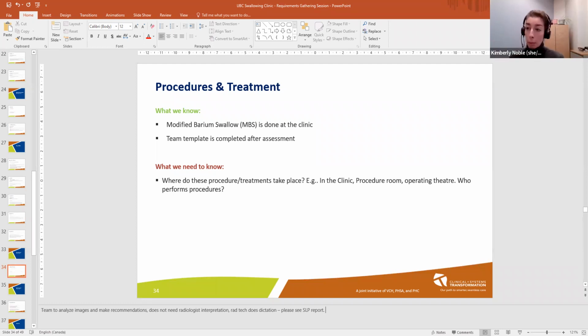So a lot of people have the misunderstanding that the radiologist is the one that actually provides the outcome and the analysis. That's a very good point. We do often have confusion around that, but it is the SLP that completes the report.